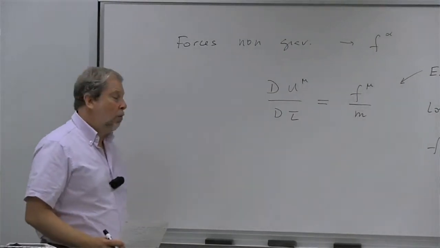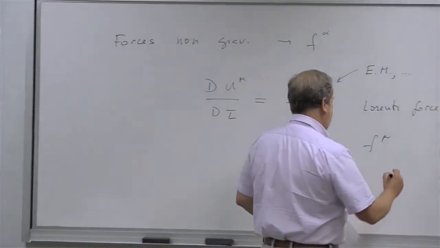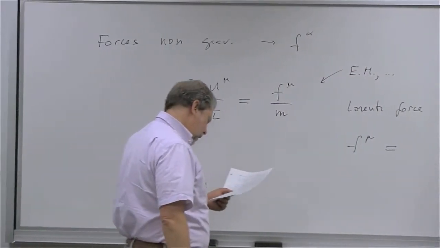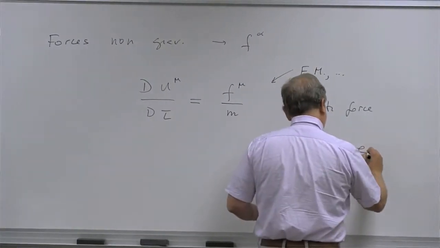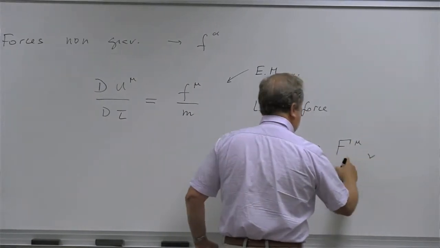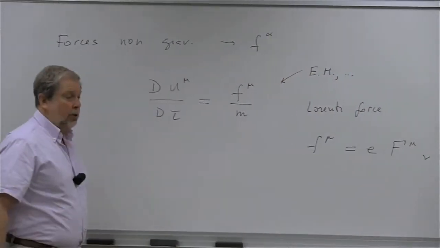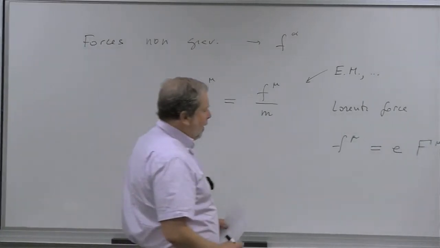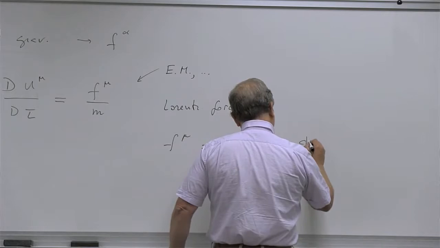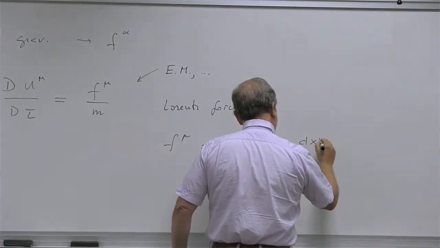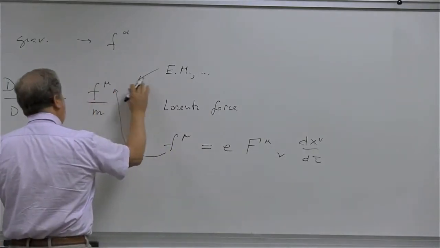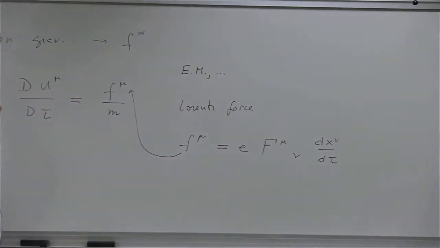And so now we just need to promote all those indices to quantities that are acceptable in a general relativistic context. So the force would be e times F mu nu, right? So we have the electromagnetic field strength tensor, which contains the E and B fields, right? And then we have the velocity, because that is what, of course, appears in the Lorentz force equation. So dx nu by d tau. And so that would go in there.